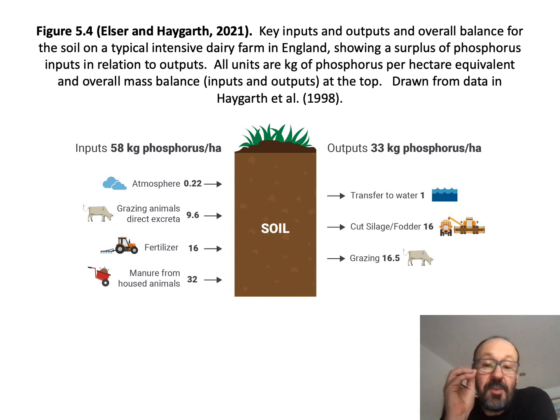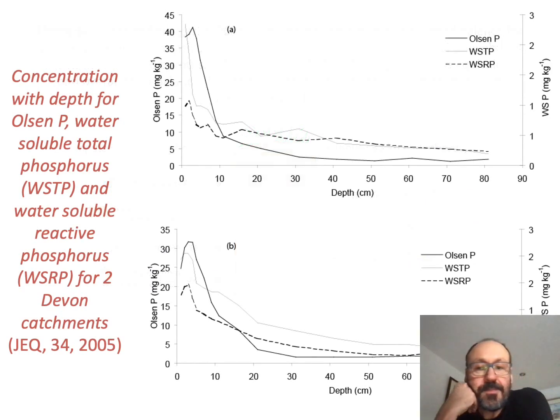But the simple point is that over time, the inputs are greater than the outputs, and if that's happening, think about it, it's going to accumulate in the soil. And indeed it does, and this is what happens when we study underneath permanent pasture, underneath dairy soil.